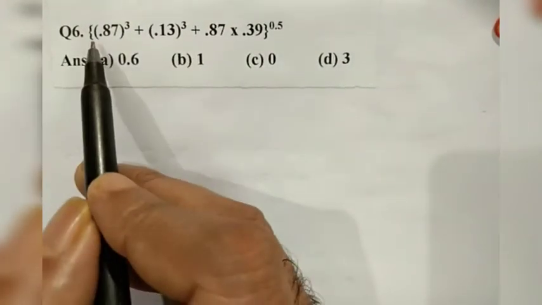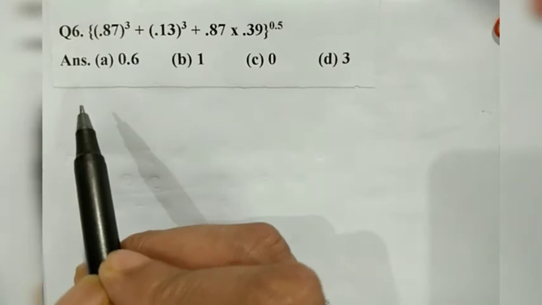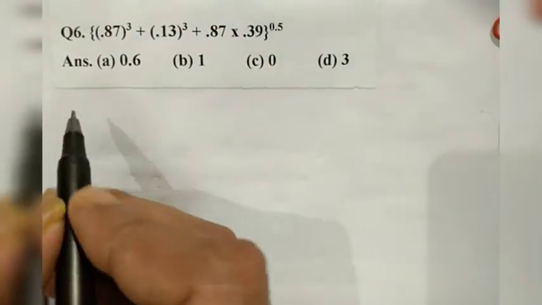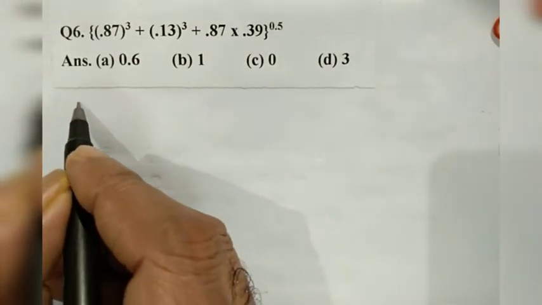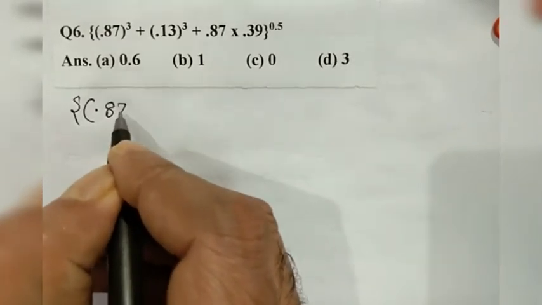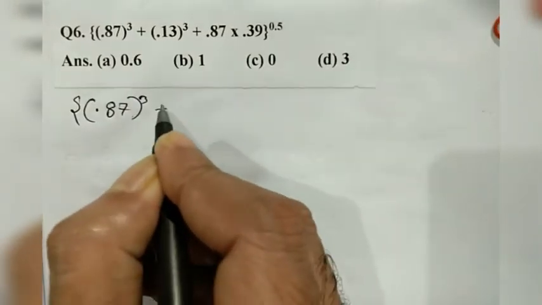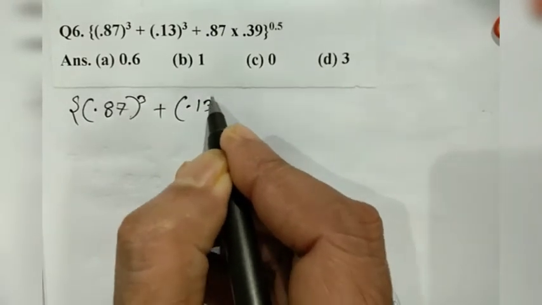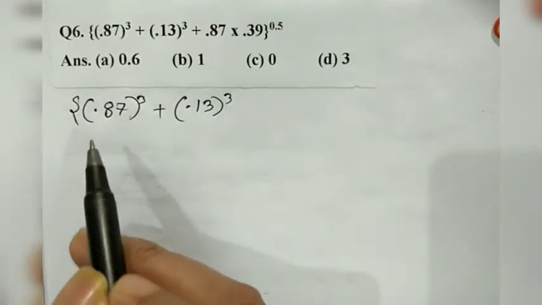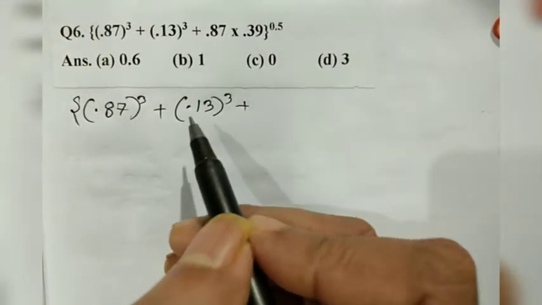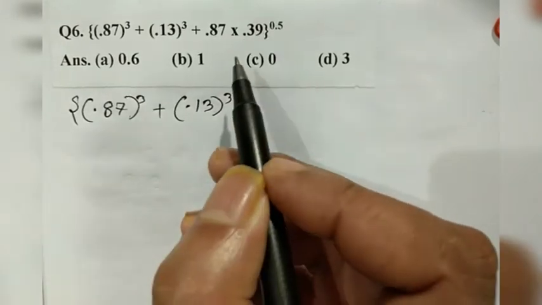Here 0.87 equal to A and 0.13 equal to B. Then we can write 0.87 cube plus 0.13 cube means A cube plus B cube plus 3 into 0.39.